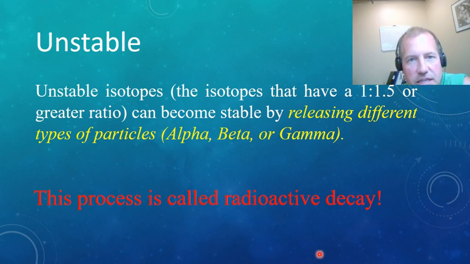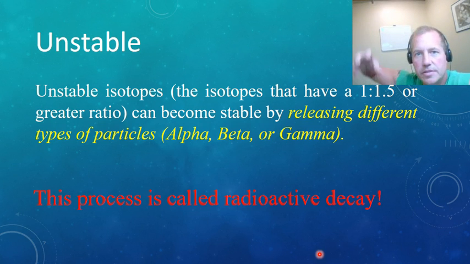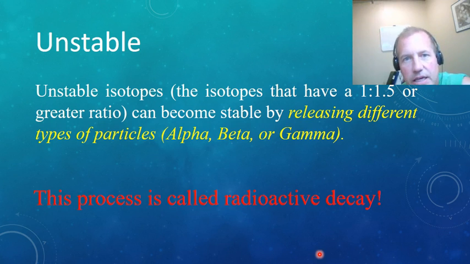So these unstable isotopes, what makes them unstable again is the number of neutrons that are starting to build up at a much faster pace than the number of protons that we have. And they have a 1 to 1.5 or greater ratio of protons to neutrons.